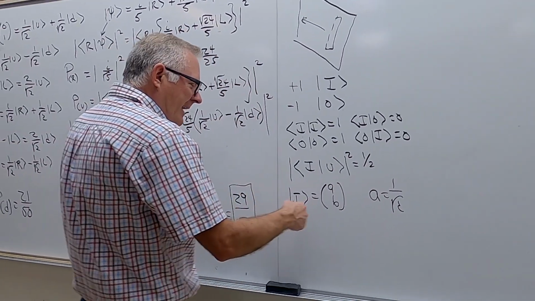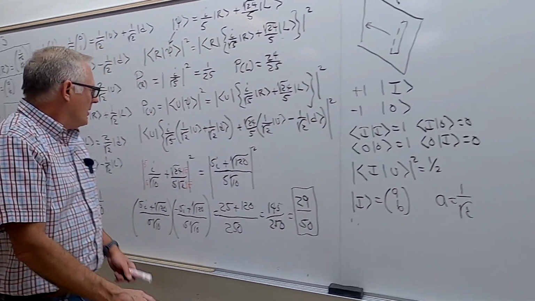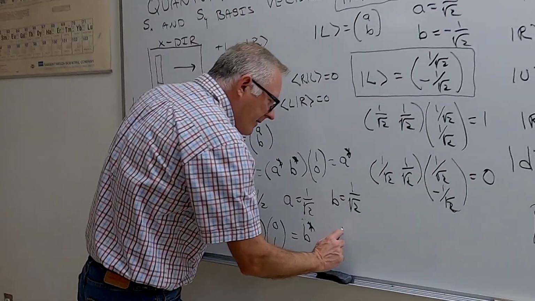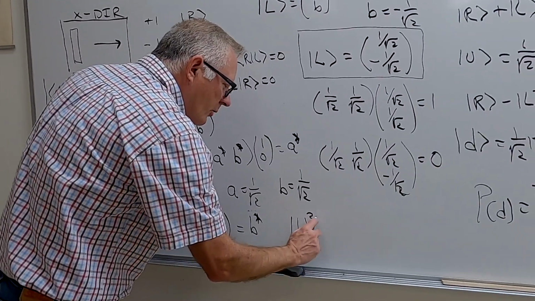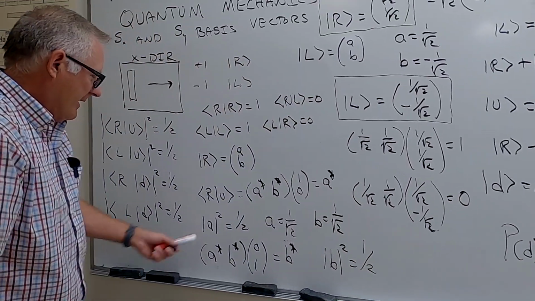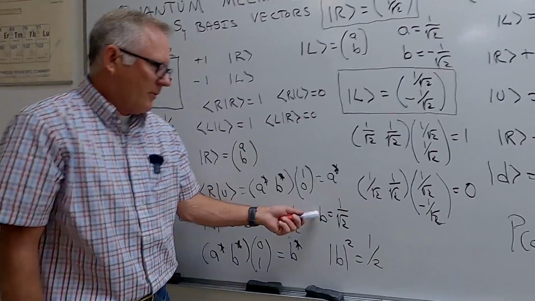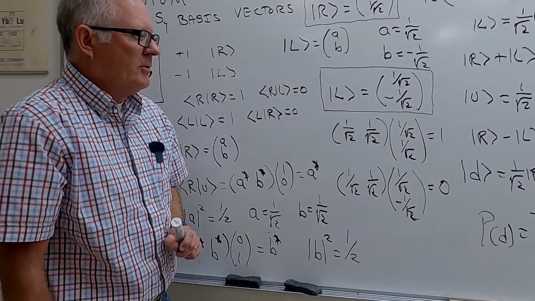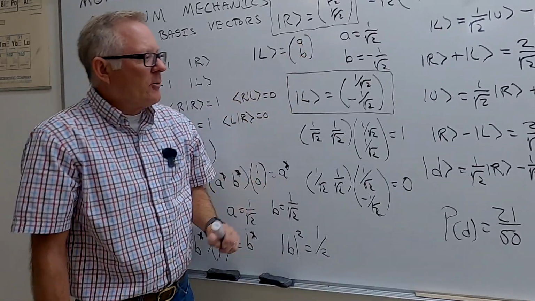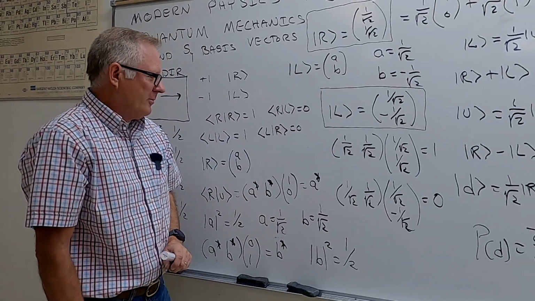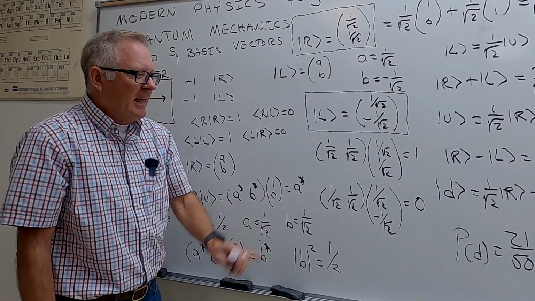Now, when we want to get B, again, we're going to come down to where B squared is equal to 1/2, just like we had before with A squared. That's how we got B equals this. But we can't pick 1 over the square root of 2, because then it would look just like the right. And we can't pick minus 1 over the square root of 2, because then it would look just like the left.